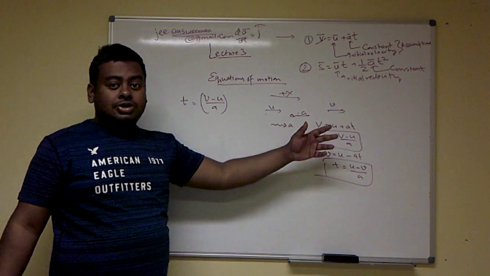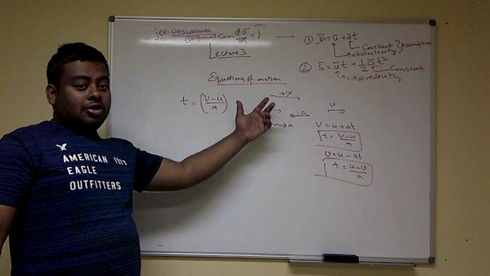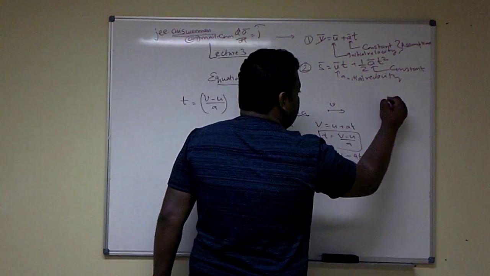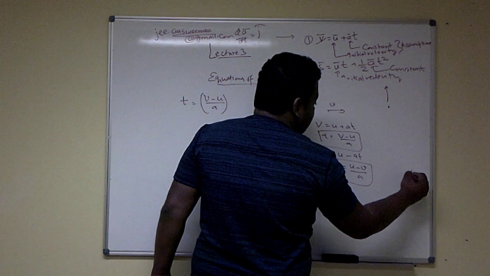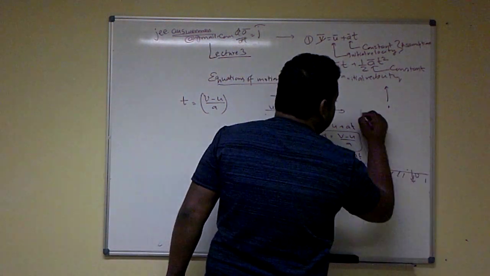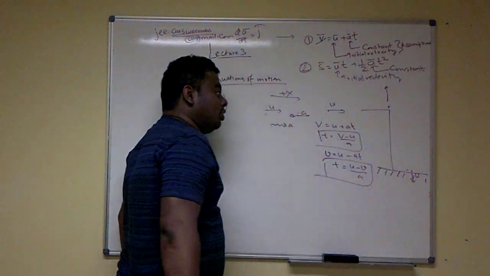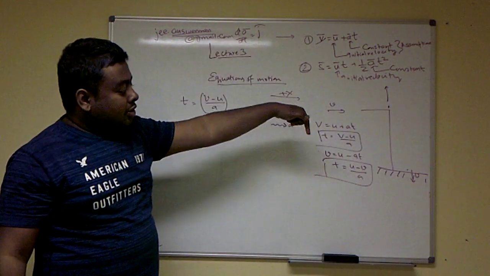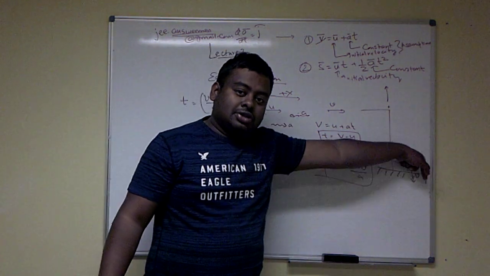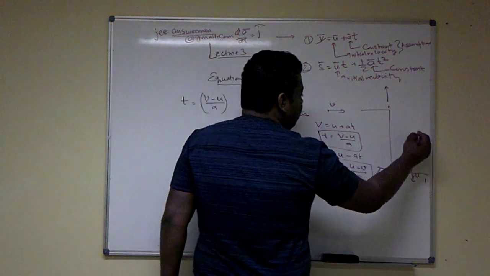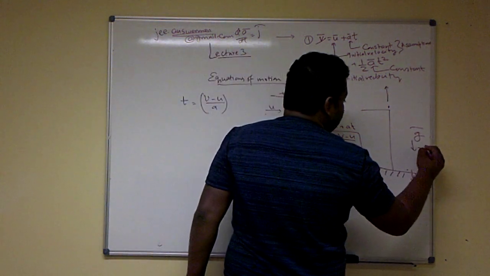There could also be variations in terms of the initial velocity in the opposite direction. So for example, you are throwing a ball upward, and then you would like to know the final velocity when the ball hits the ground, right? So your u vector is in the positive j cap direction, but your final velocity is in the negative j cap direction, as well as your gravity, which is in the negative j cap direction.